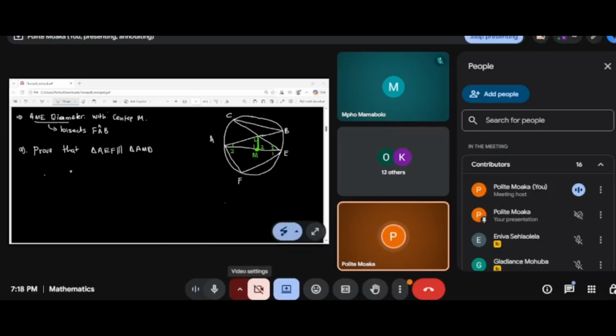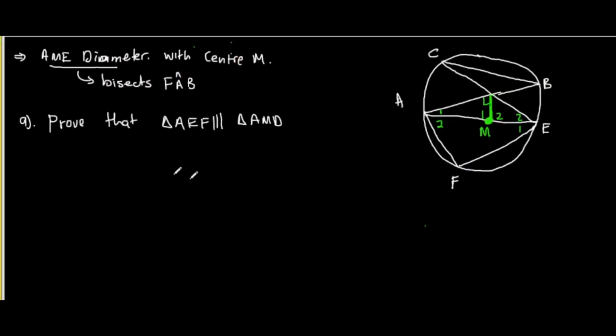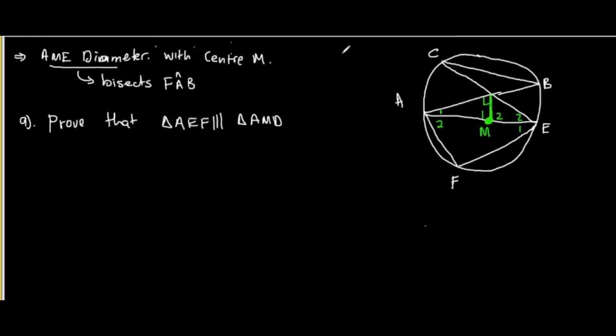Please make sure that you sit in, pay attention, and enjoy the lesson, because we're going to have so much fun. I'm already enjoying this. By looking at the question, the proof that they want us to do, already I'm having so much fun. So hopefully you'll also have the same enjoyment that I'm currently having when I explain this to you.